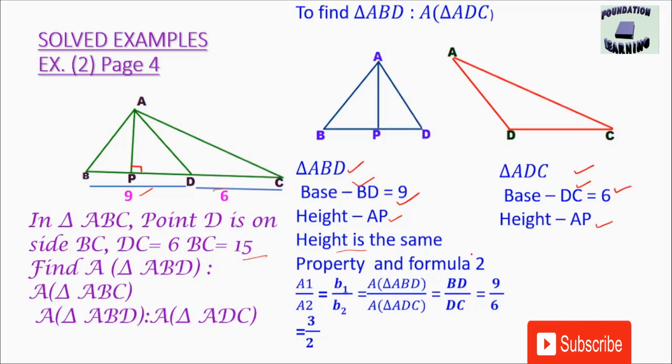So A1 upon A2 is equal to B1 upon B2. The area of triangle ABD upon the area of triangle ADC is equal to BD upon DC. BD is 9 and DC is 6. So after you cancel, you get 3 upon 2. So this was the final answer.